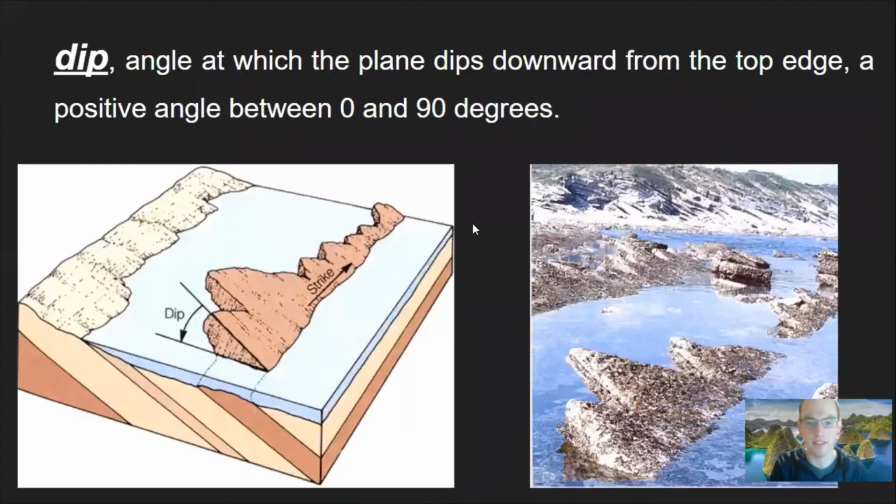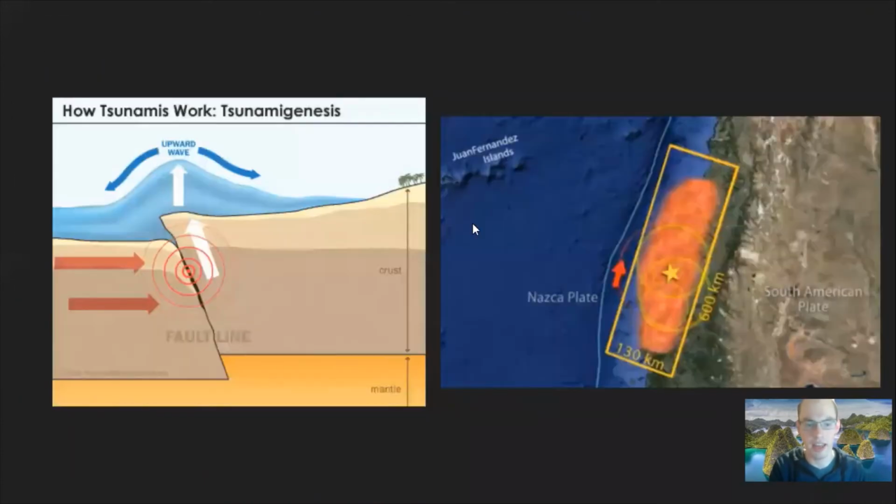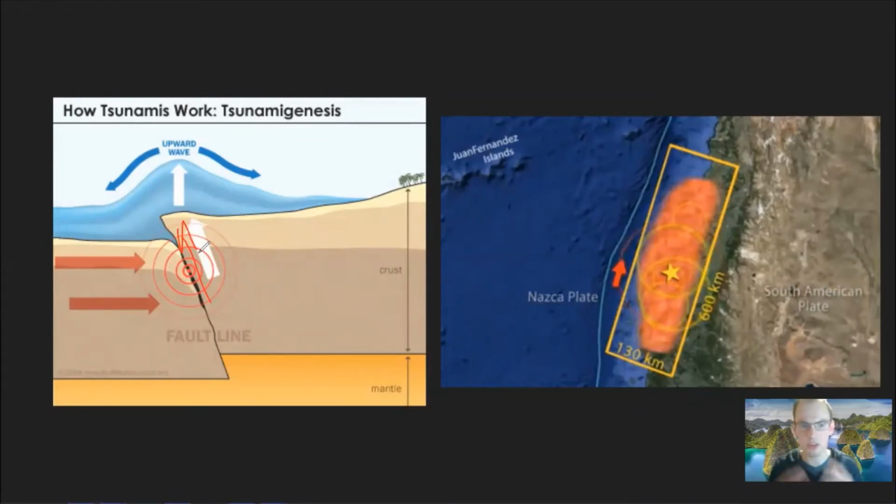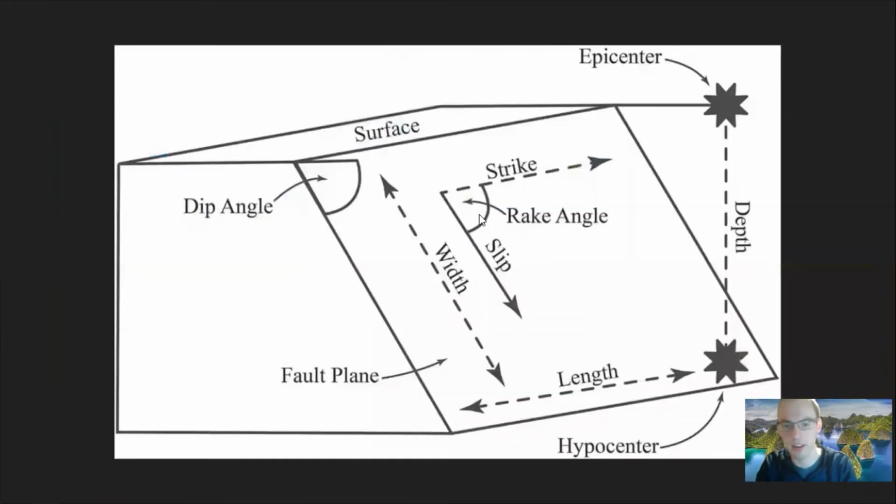If we look back at the very beginning, if we want to understand how the movement of these plates causes this wave, we need to know if this is happening at a very steep angle and the slip, that displacement, is huge, you can see how we're going to get a much larger wave here. The orientation can change how that seafloor is deformed. So that's why it is very, very important. We'll talk about this a lot more as we get into the modeling.